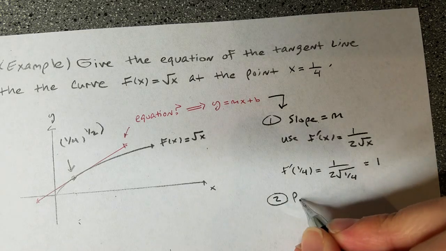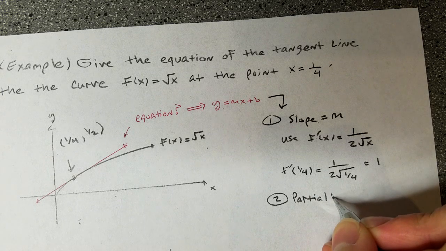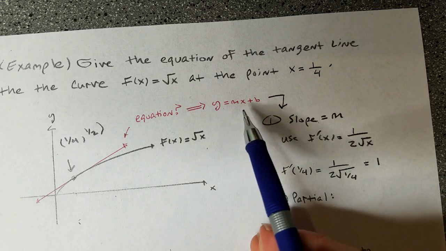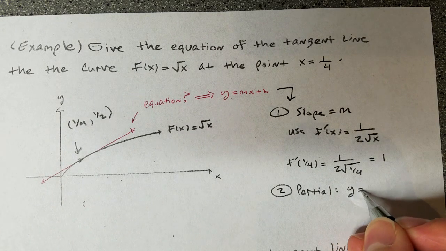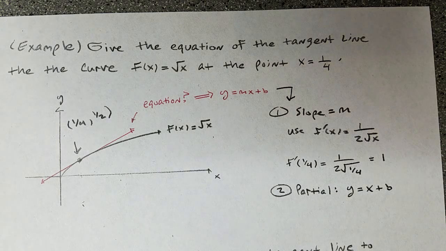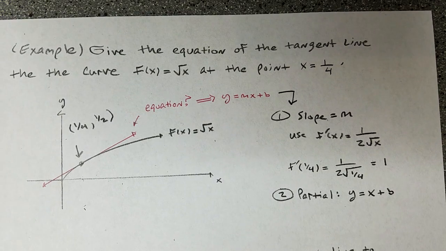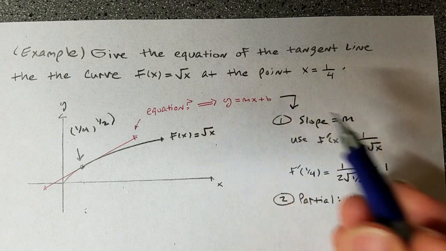This is not a full answer to the question, but a partial answer would be that the equation of this line right here is y is equal to x plus b. All right? So why is that? Well, because the slope is 1, and that's what m is.